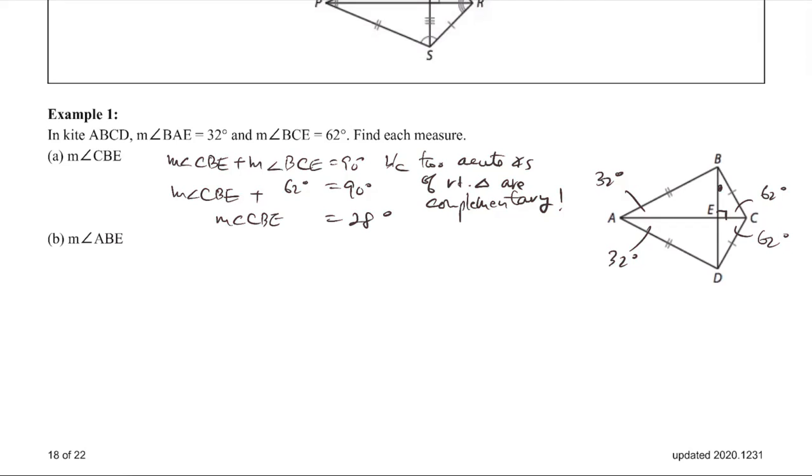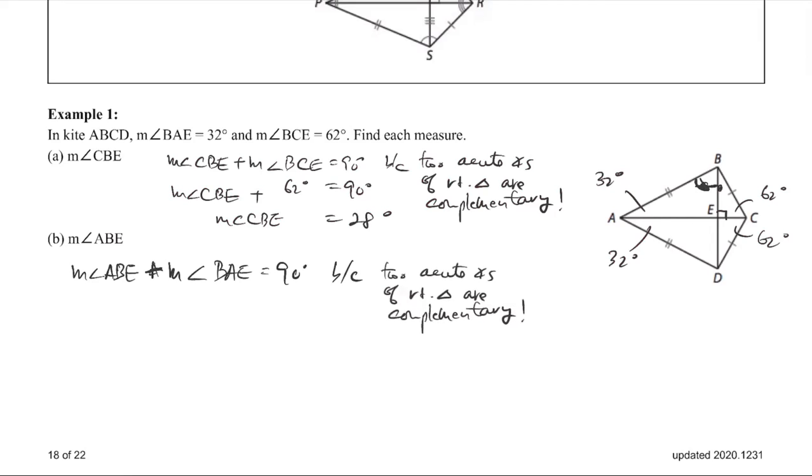All right, guys. Let's look at ABE, shall we? So what exactly is ABE? We're looking for this angle right there. I think for the same reason, we could say the measure of ABE plus the measure of angle BAE is 90, because two acute angles of the right triangle are complementary.